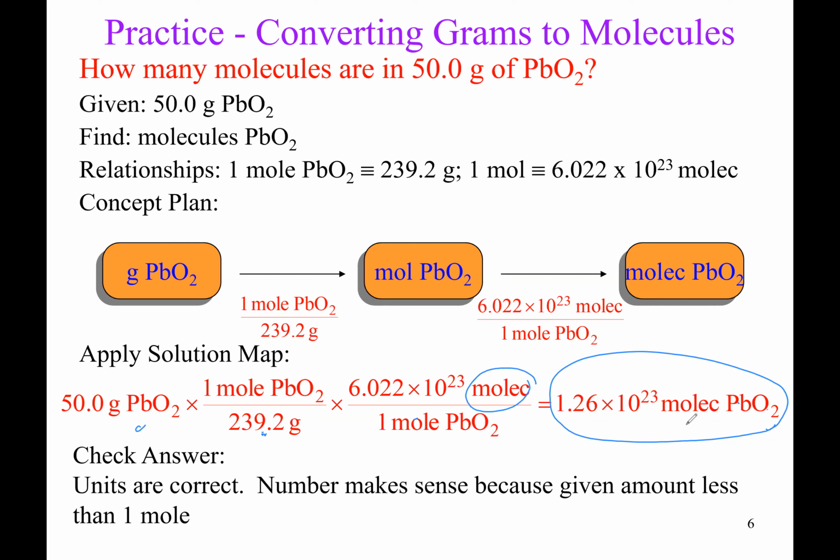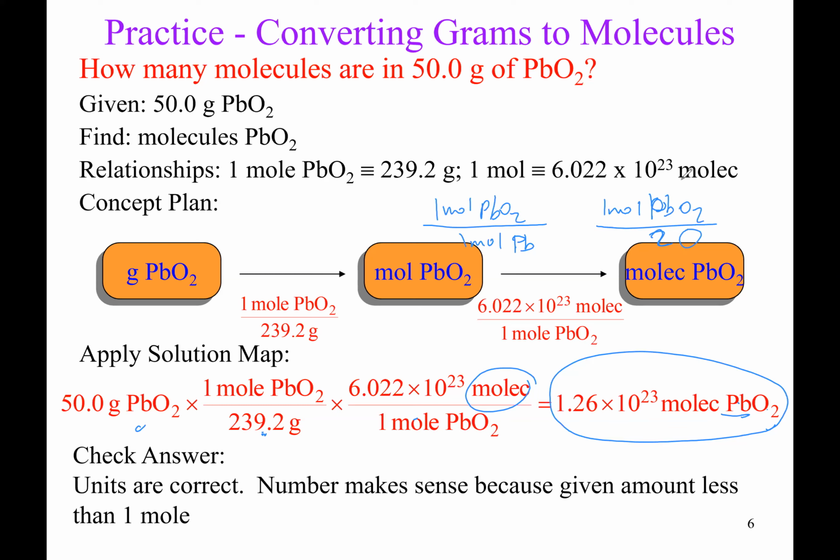If the question was asking for how many atoms of Pb you have, then you would multiply this by a new ratio. You would say 1 mole of PbO2 has 1 mole of Pb. 1 mole of PbO2 has 2 moles of oxygen, right?